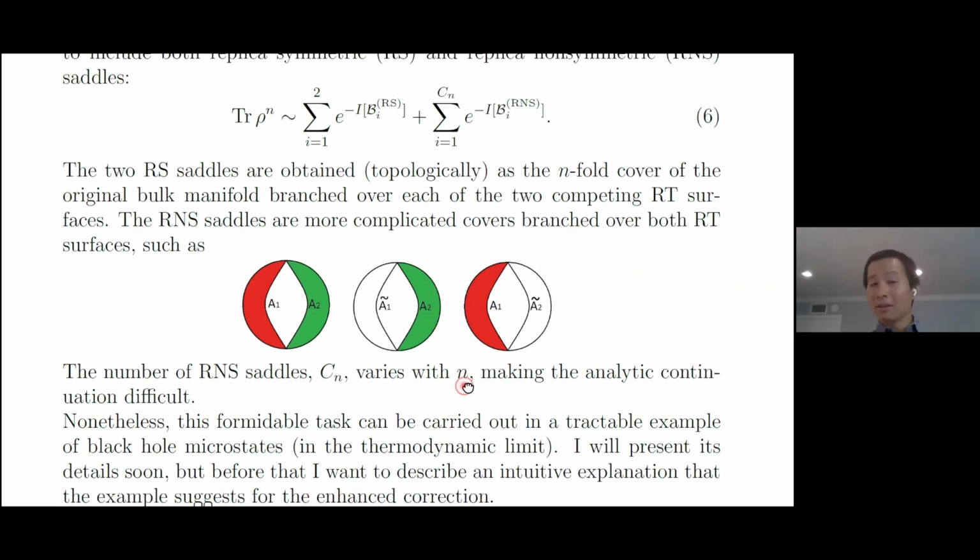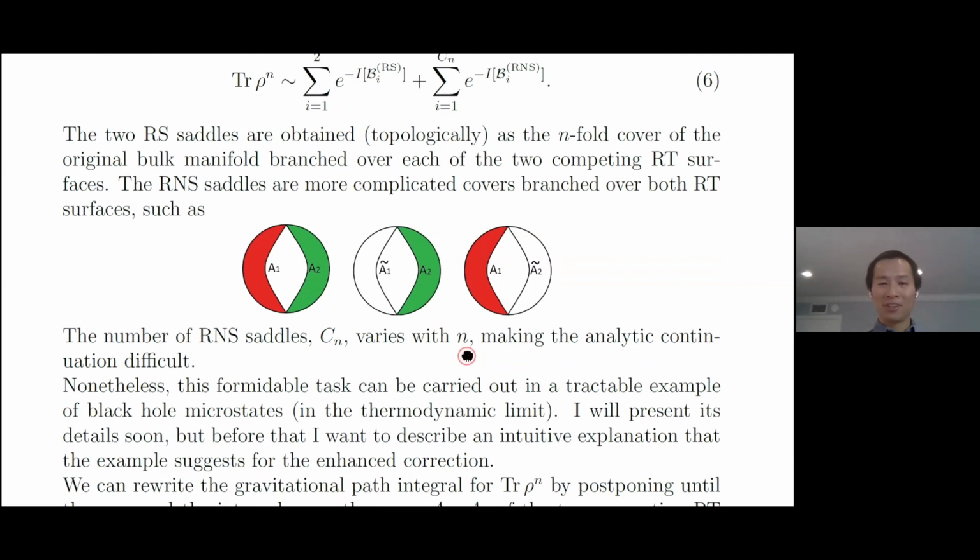So in general, I hope I have convinced you that this is a formidable task, summing over these saddles and analytically continuing. But in very particular examples, this nonetheless can be carried out. We will see one such example later, an example of black hole microstates.